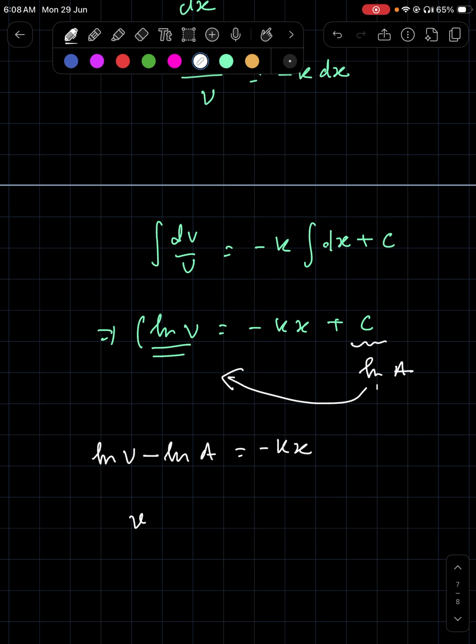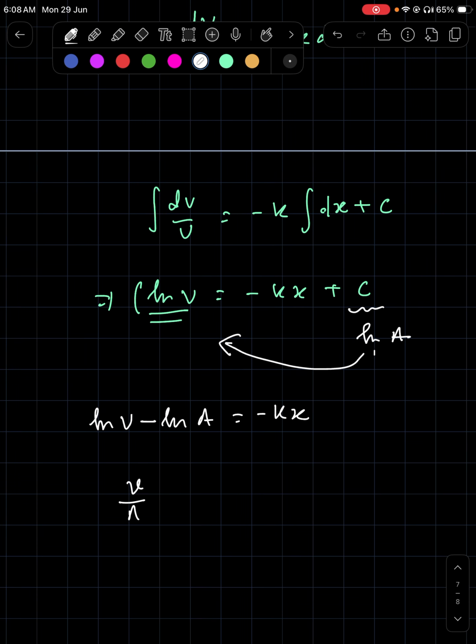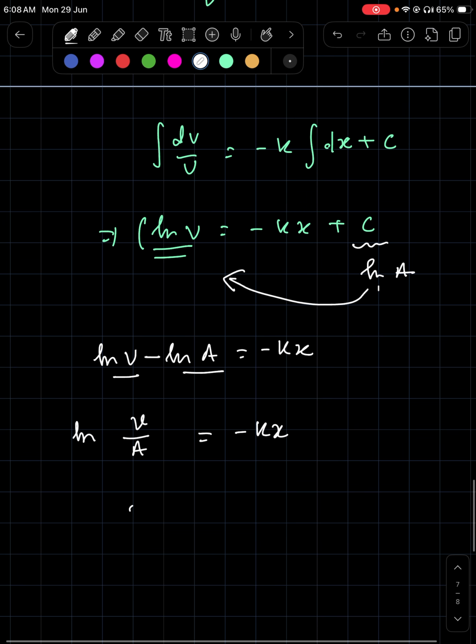Since ln a minus ln b is ln a by b, I have written ln v by a equals minus kx. So it becomes v equal to a e to the power minus kx.